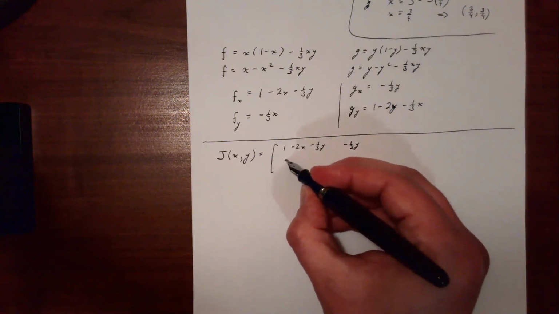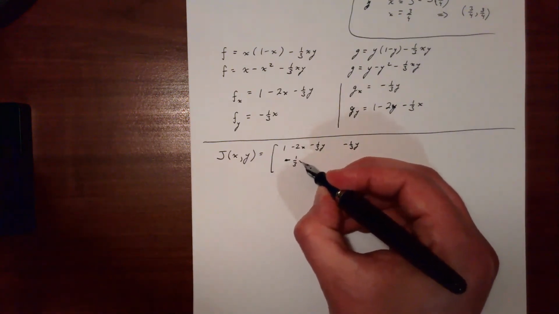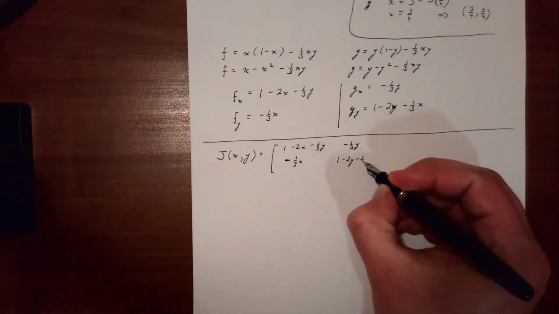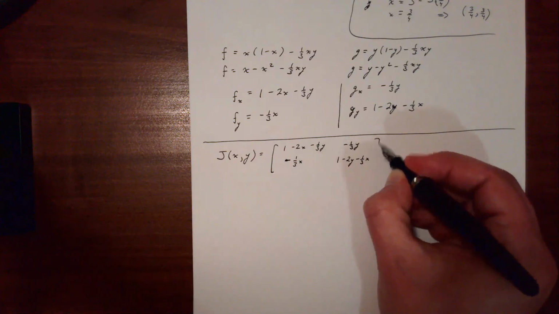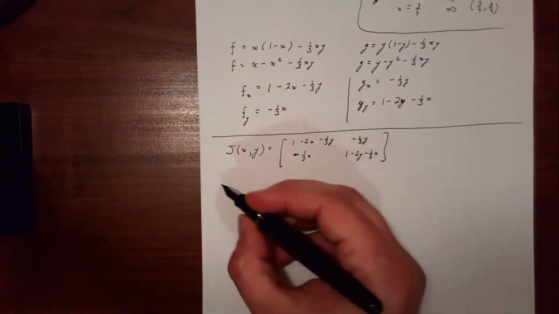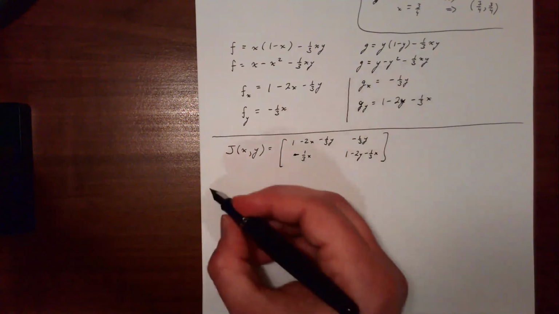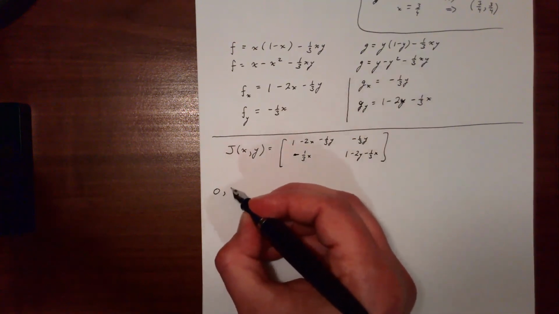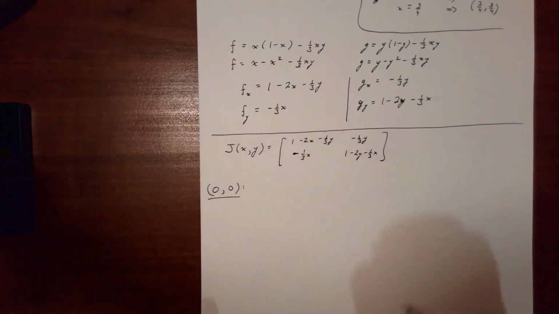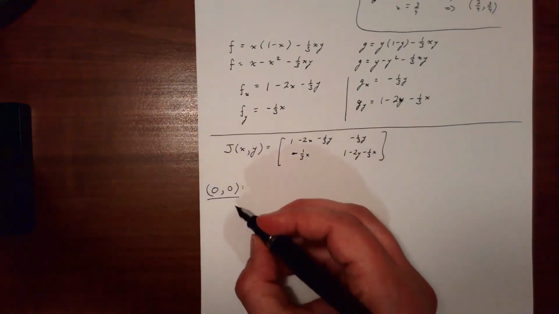Here it's going to be negative 1/3 x, and then 1 minus 2y minus 1/3 x. So let's put in point after point here. 0, 0. So it's 0 for x, 0 for y.